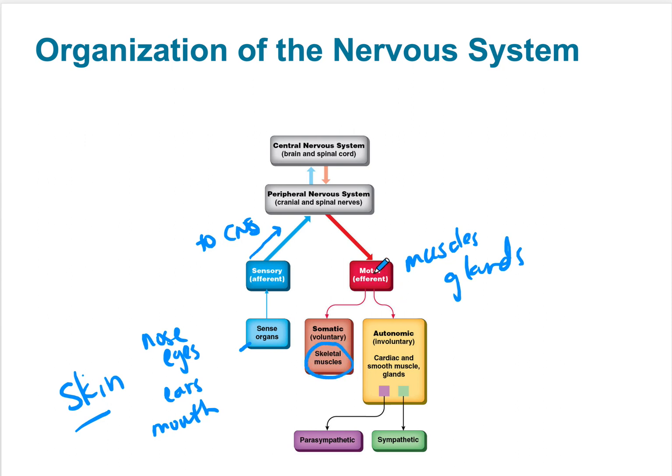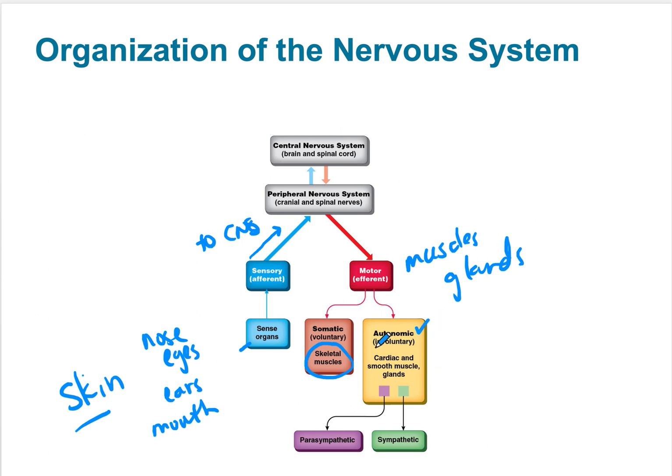The other part of the motor or efferent nervous system is what's under involuntary control. That's going to be your cardiac, your smooth muscles, and then also your glands. You can't control your pancreas, you can't control your thyroid gland, you can't control your hypothalamus or your pituitary gland. Those are all under autonomic nervous control, meaning that your body just does it for you.